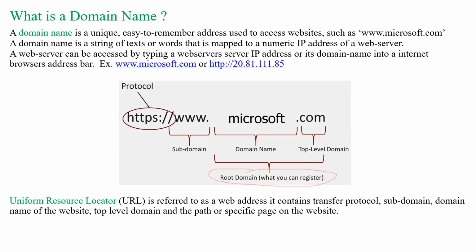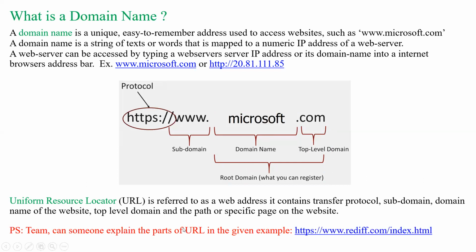So here we were referring to the URL, uniform resource locator. I have picked up an example. So in this case, let us try to understand. Here we have the complete URL. HTTPS is what is referred to as the protocol, correct?